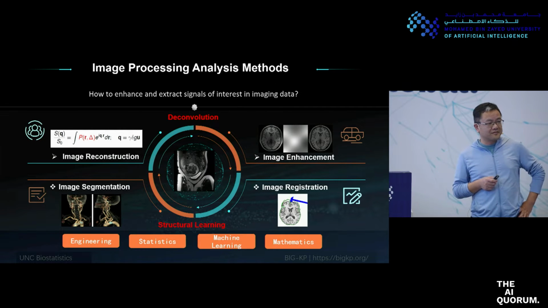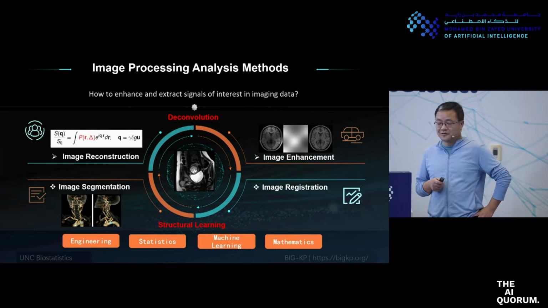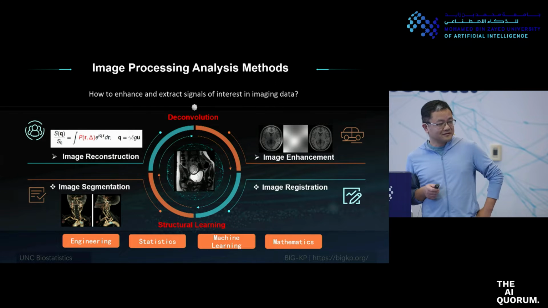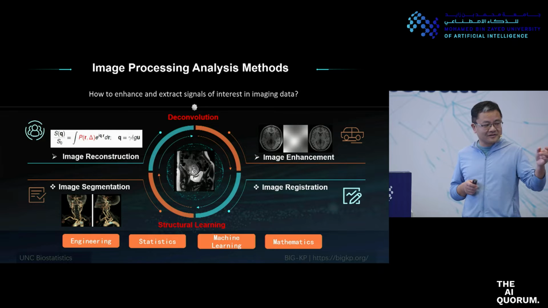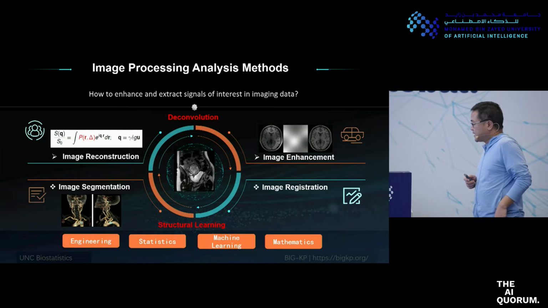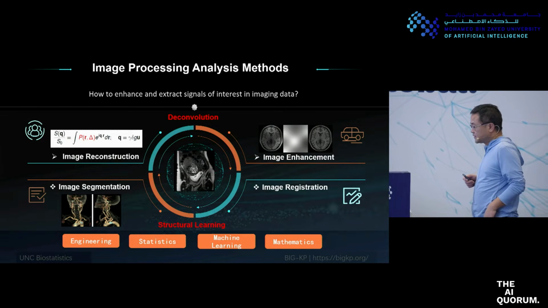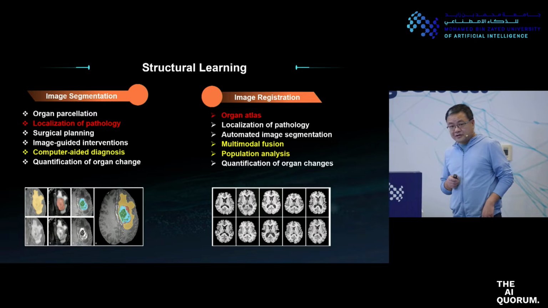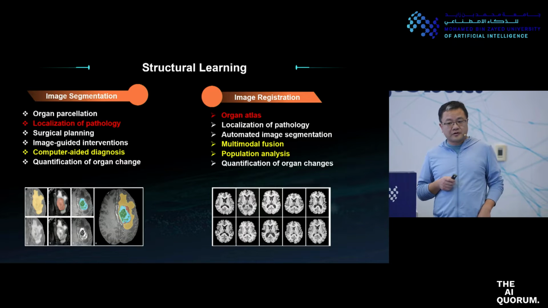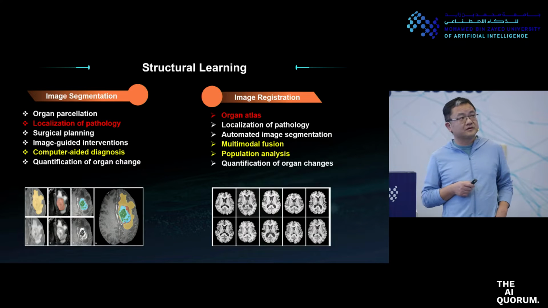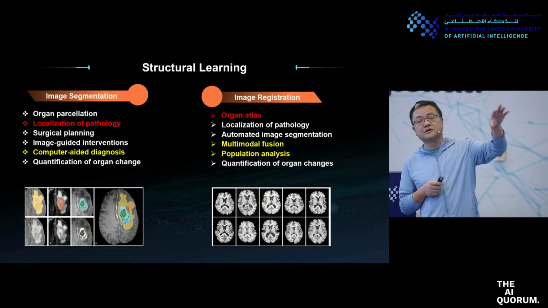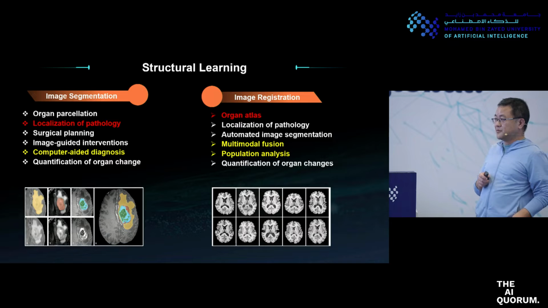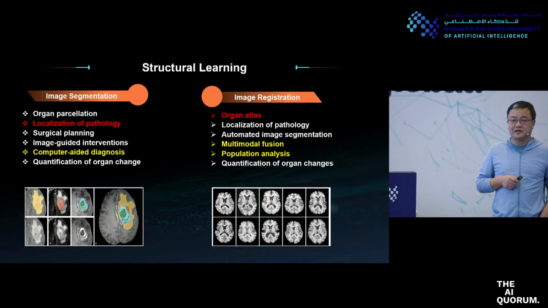In terms of the specific methods, it's not purely about statistics. You can use methods from engineering, statistics, machine learning, and mathematics. This field is very diverse. I want to emphasize that the most important part of the field is structured learning, and there are 2 major methods. The most important is image segmentation.